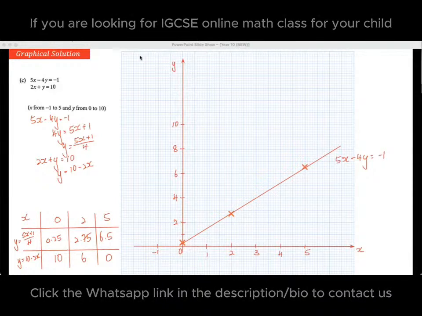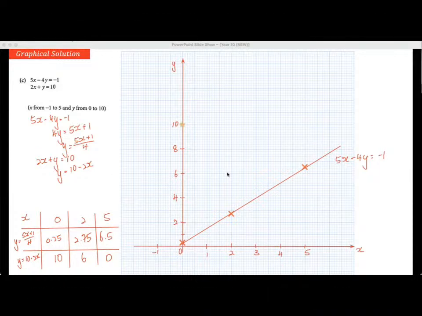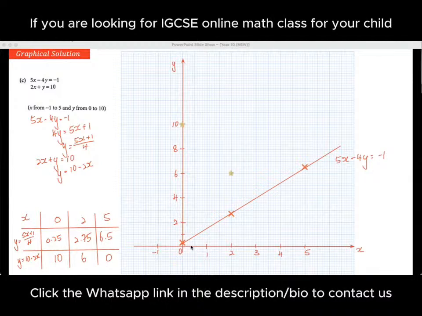Then another one will be when x equals 0, y equals 10. 0, 10. 2, 6. 5, 0. So I'll plot a graph here.